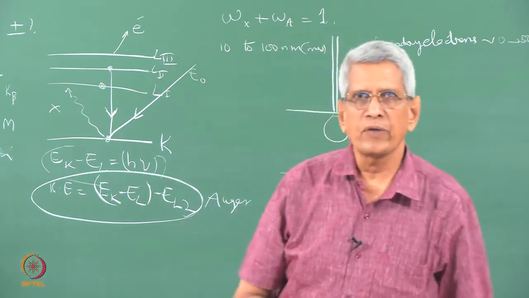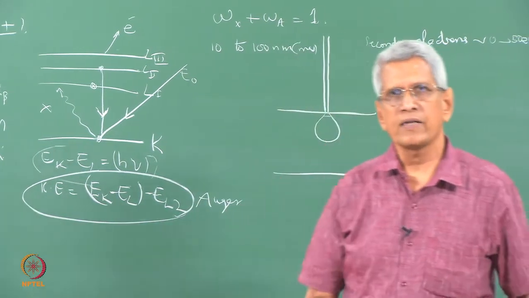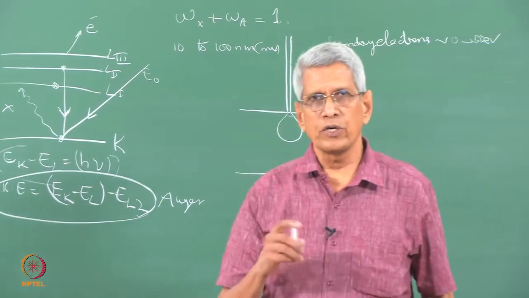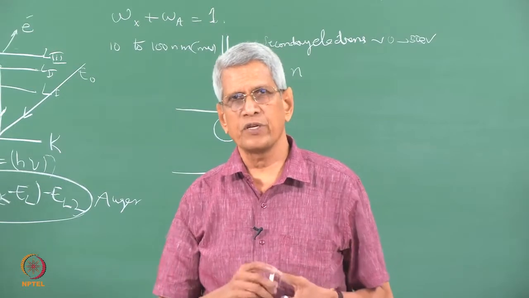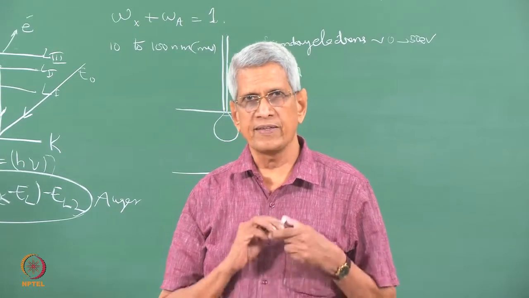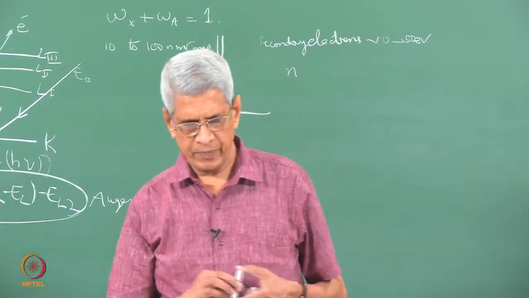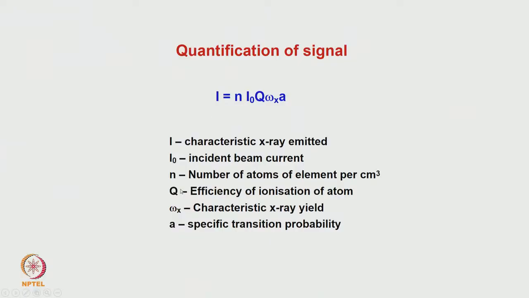As this electron passes through, not all electrons are going to give rise to inelastic scattering. Only a small fraction gives rise to inelastic scattering, which results in core ionization of that atom. Q is the factor which defines the efficiency of this ionization of that atom. Okay.